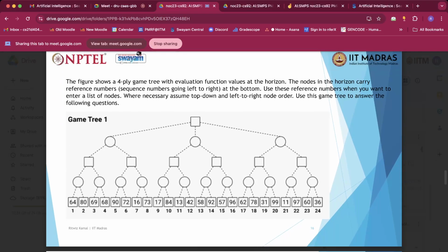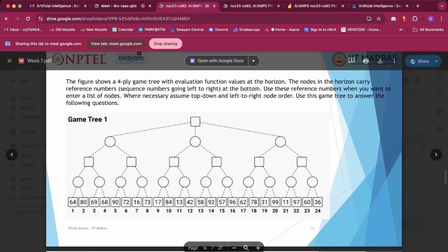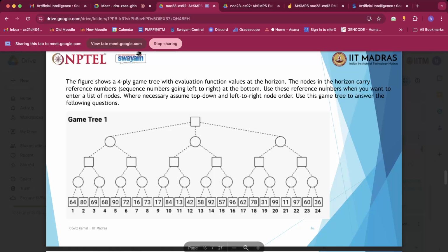This game tree that you see over here in the figure shows a 4-ply game tree with evaluation function values at the horizon. So the leaf nodes at the bottom of the tree, which are labeled 1 2 3 4 up to 24, are the horizon nodes or the leaf nodes.